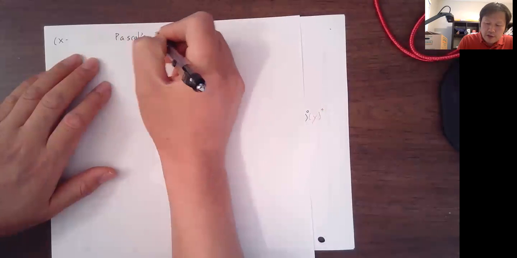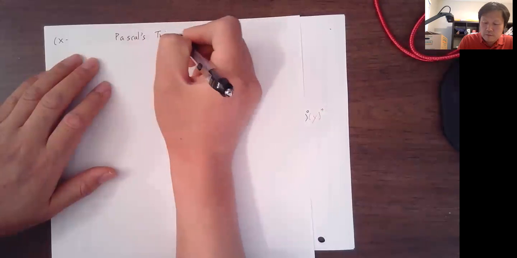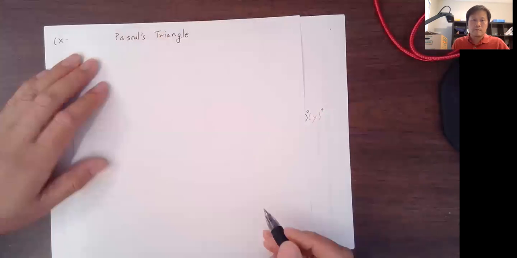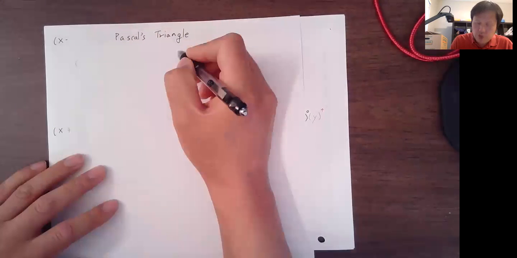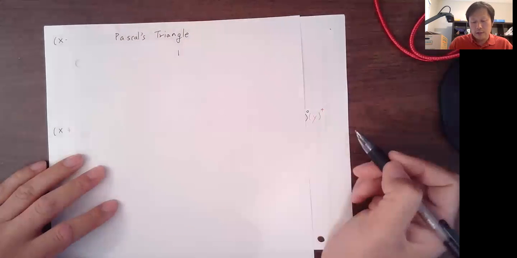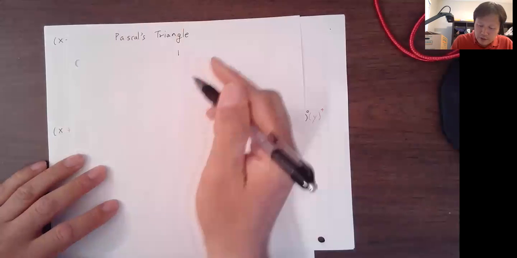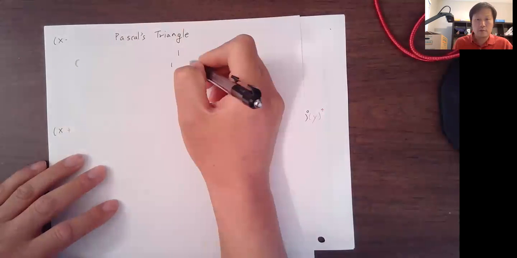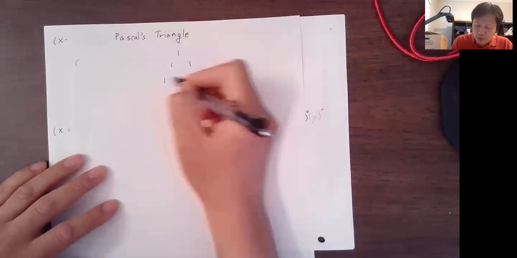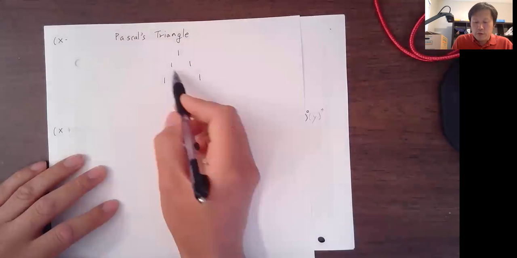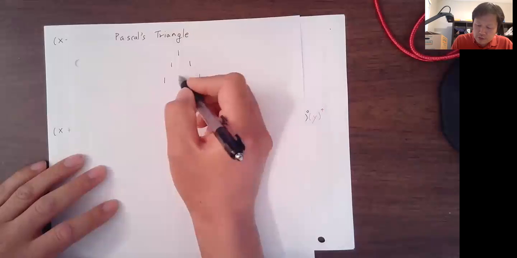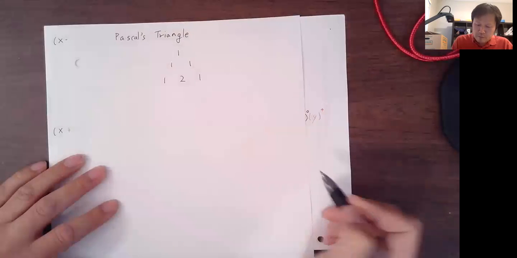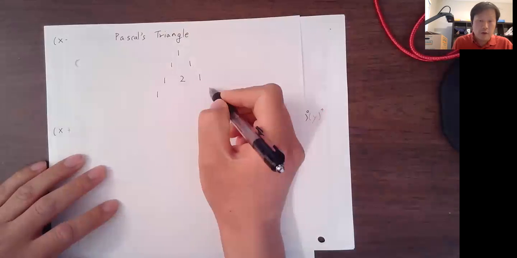You should be able to draw Pascal's triangle from scratch. 1, and put the 1 for outside, 1 and 1. Next one, put 1 and 1. So between 1 and 1 from the top, you can write the summation of these two, which is 2.